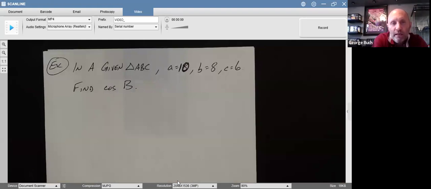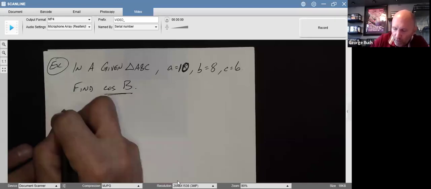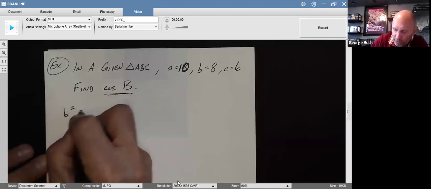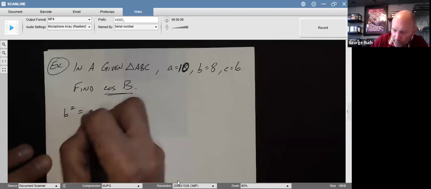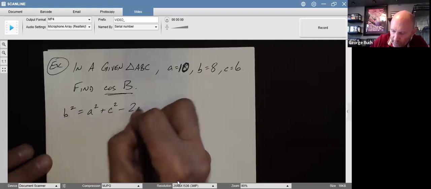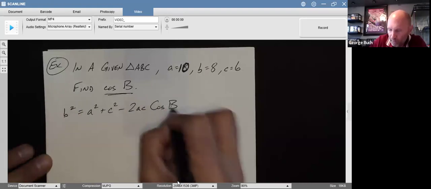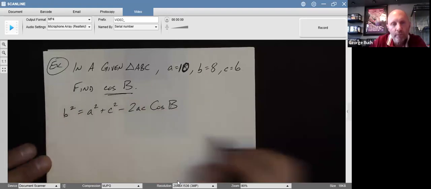But cosine of B, a triangle that's not a right triangle, that must be our law of cosines. And so because I'm looking for cosine of B, what needs to be on this side? Well, the side B. So B squared is A squared plus C squared minus 2AC times cosine of B, because that's what I'm looking for, this guy right here.